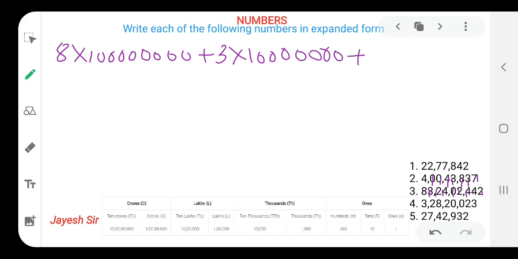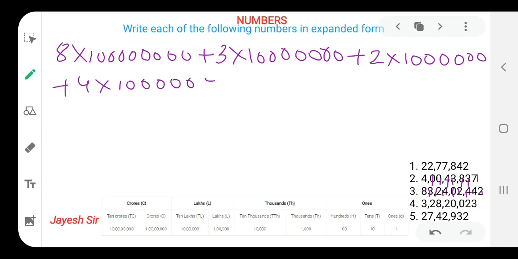After 8, 7, now we need to multiply with 6 zeros: 1, 2, 3, 4, 5, 6, plus 4 into 5 zeros: 1, 2, 3, 4, 5. Even if it is 0, we won't leave our procedure. Here we have multiplied with 5 zeros, now we will multiply with 4 zeros.